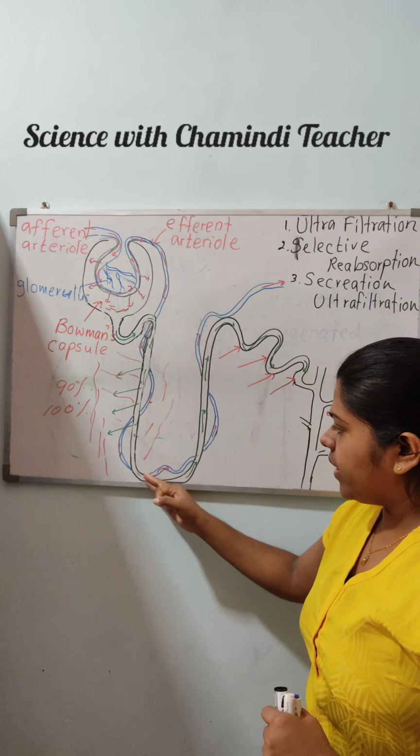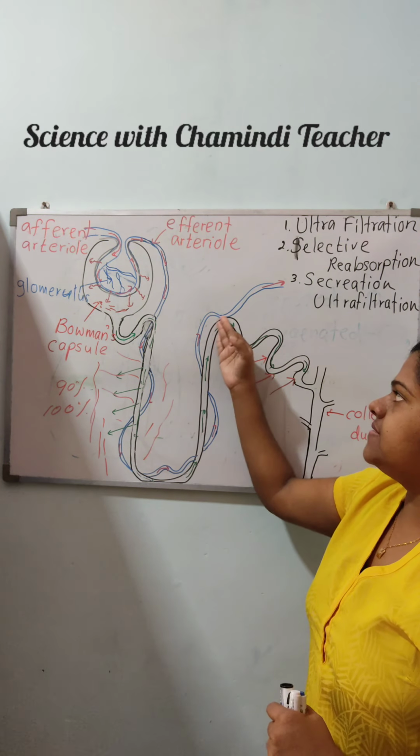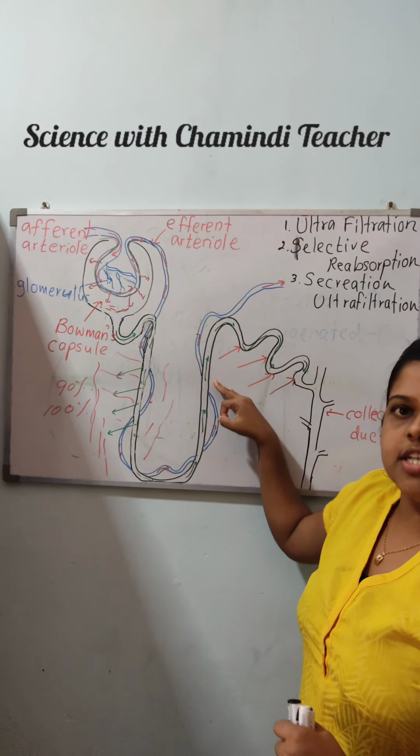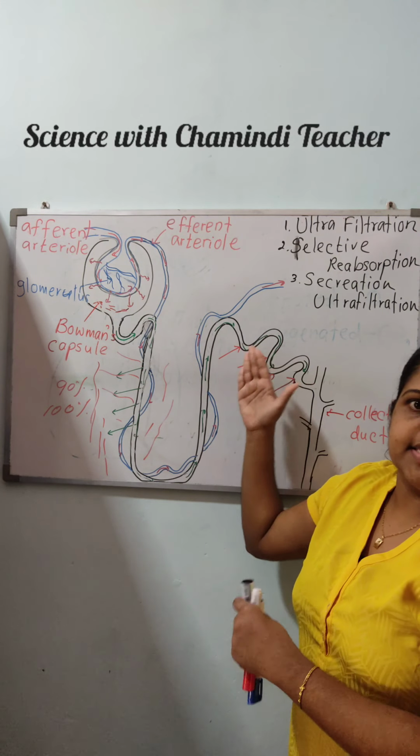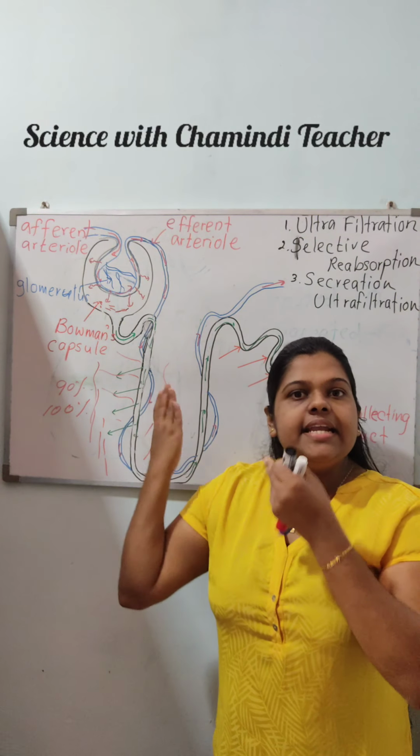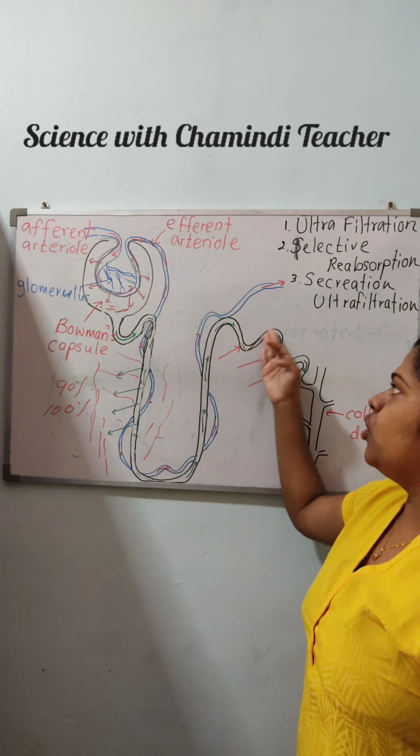Then, as the urine comes through the tubules of the nephron, some of the materials in the blood capillaries are sent back into the tubule.